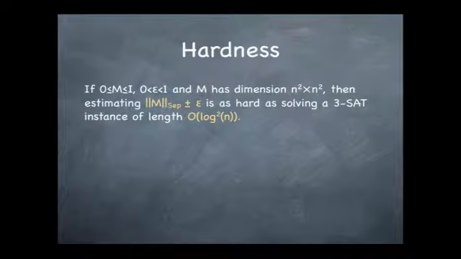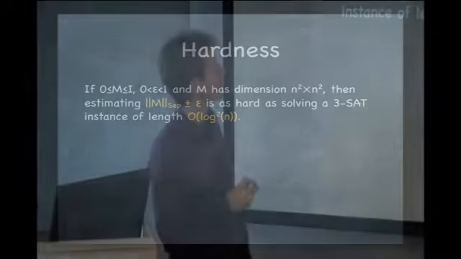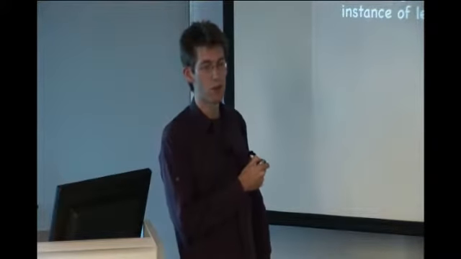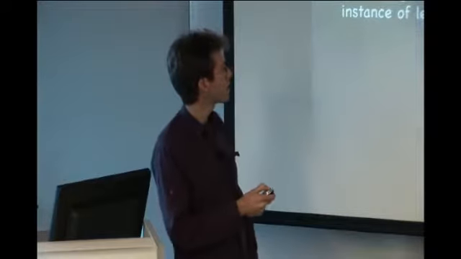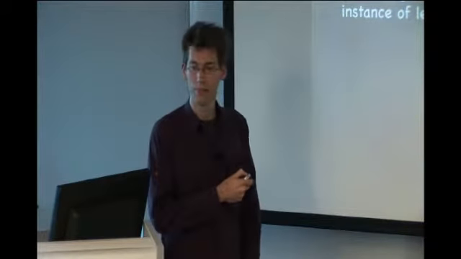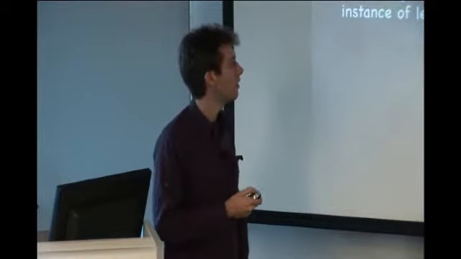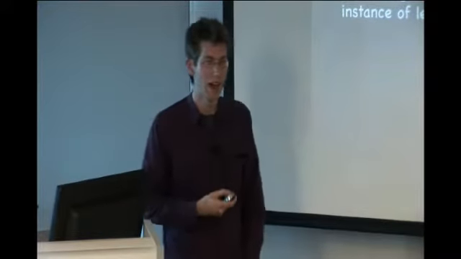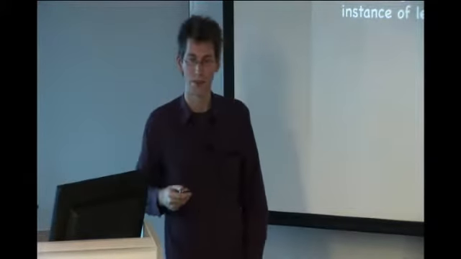If you scale it down, this is maybe a nicer way of putting it. Suppose M has operator norm less than 1, dimension n squared by n squared. You want to estimate the SEP norm up to plus or minus epsilon. This is as hard as solving a 3-sat instance of size log squared of n.